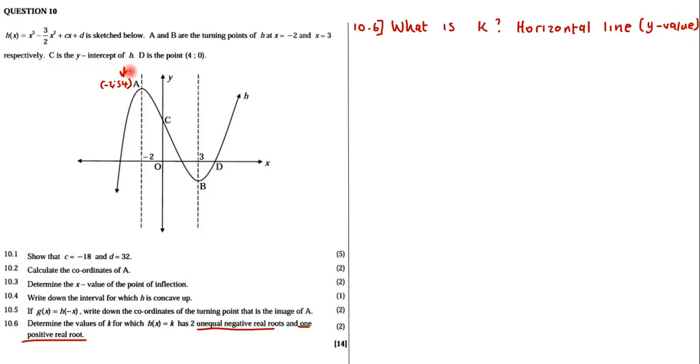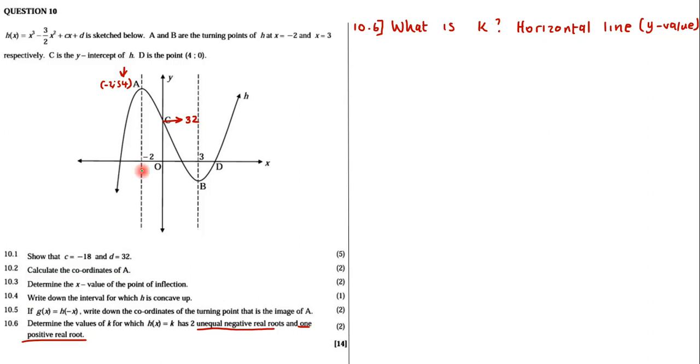So I'm focusing mainly on the y values. And then here we had our y-intercept. That's also another critical value. And this y-intercept, remember, is d, which is 32. And then the other part is this one, but we don't necessarily need it. We just want to focus on this section.